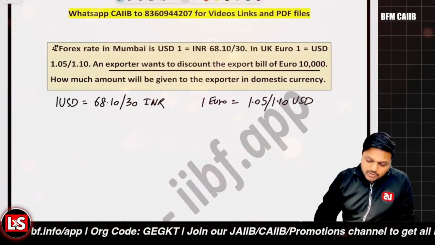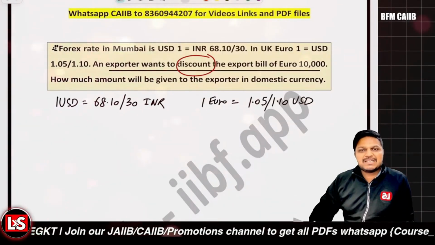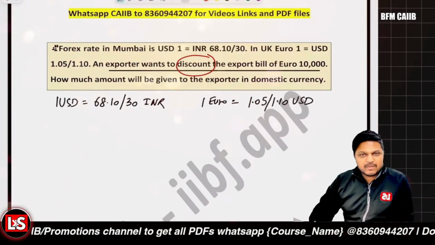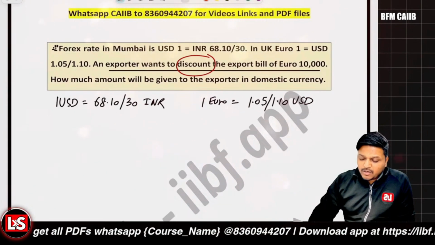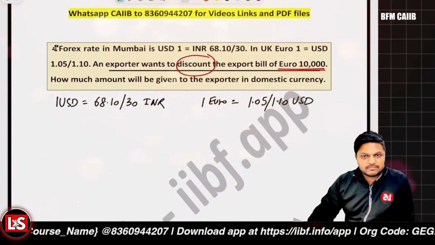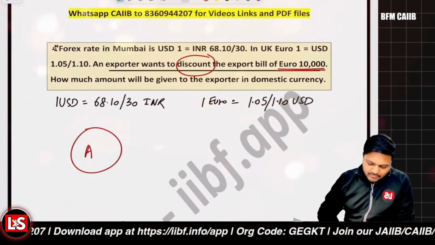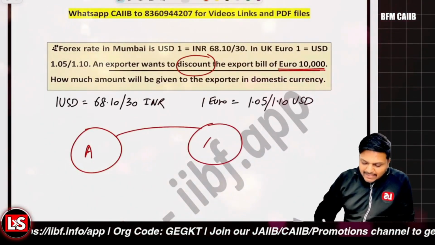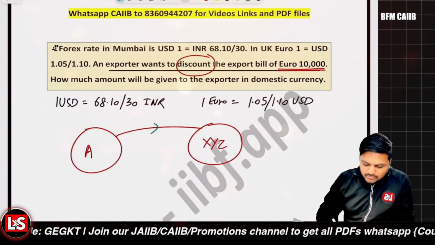The exporter wants to discount. I told you about the discounting or purchasing of the bill. When it is about discounting or purchasing of the bill, from the customer's point of view, it means you are the owner of this foreign currency and you want to sell it. So if a bill of 10,000 euro is available with customer A, the customer goes to bank XYZ and wants to sell these euros.